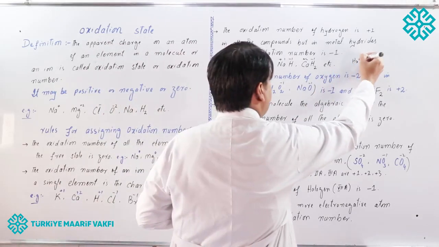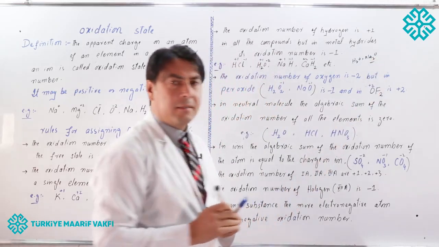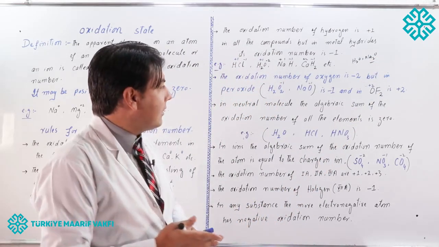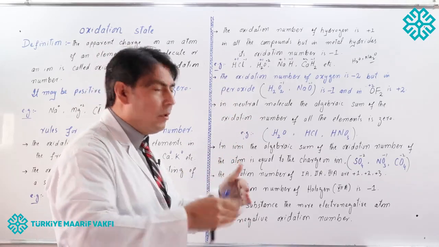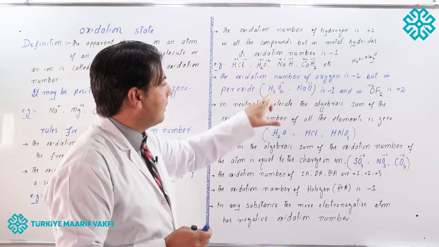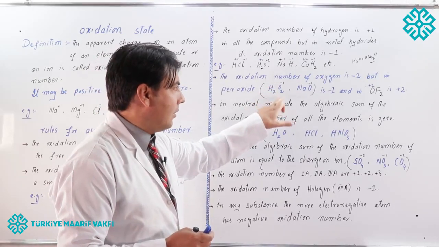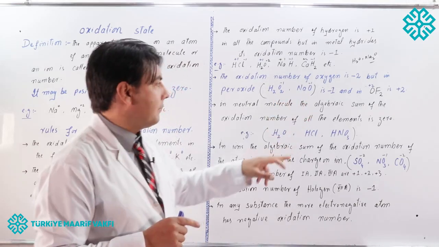Similarly, in Na2O, sodium oxide, the oxidation number of oxygen is -2. But in peroxides, which have one more oxygen than the normal oxide, the oxidation number will be -1. In hydrogen peroxide and sodium peroxide, the oxidation number of oxygen is -1.